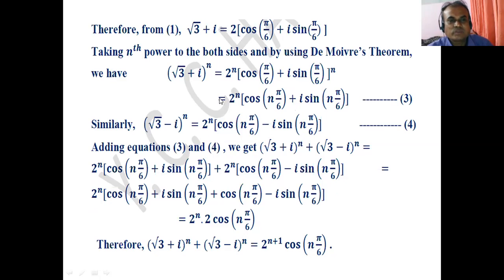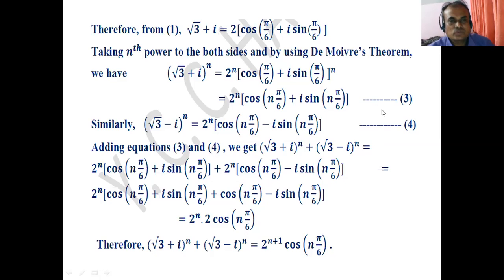So the value is equal to 2 raised to n into bracket cos of n pi by 6 minus i sine n pi by 6, by using De Moivre's theorem and a similar process. Okay, so we get this result. Now this is equation 4.